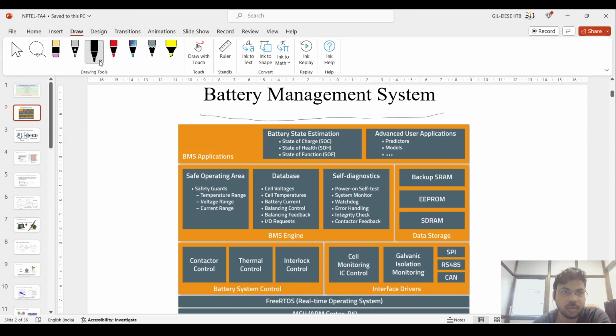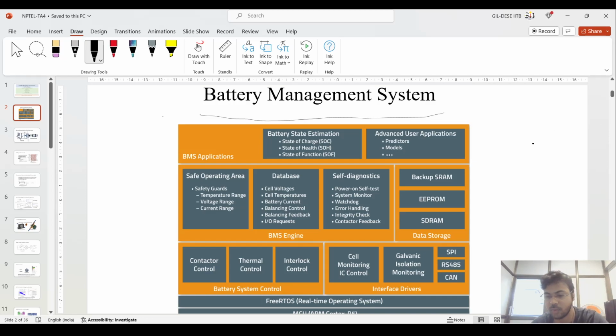Okay, let's move to the first slide. That is the BMS system. Last class I explained what the BMS system is, the IEEE standard and its definition.